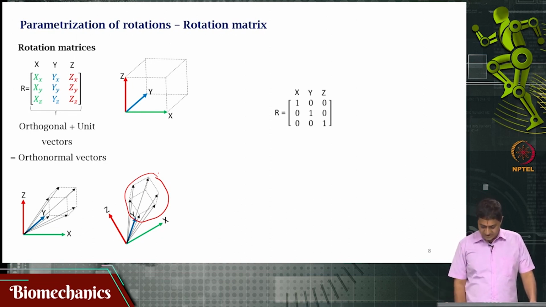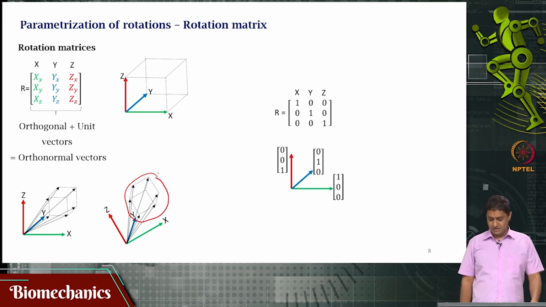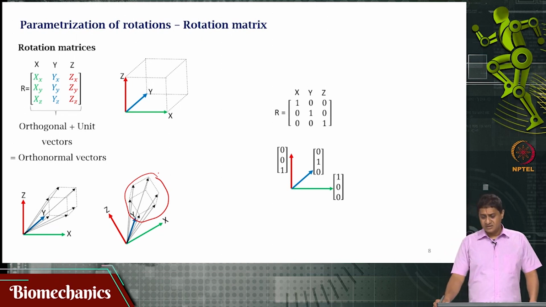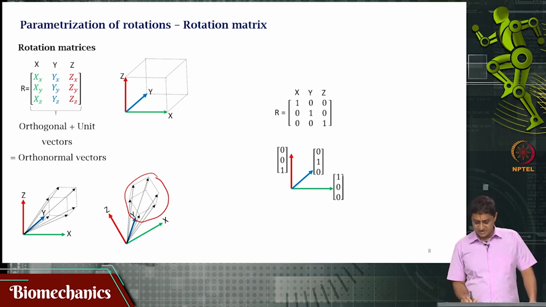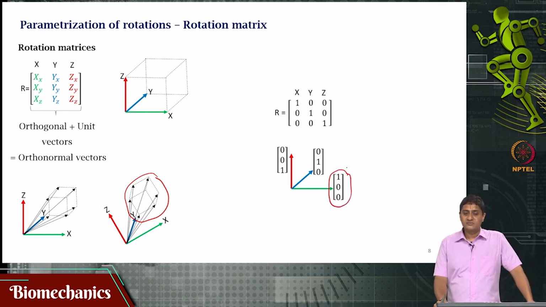Here you have, say for example, rotation matrix with these orthonormal vectors 1 0 0, 0 1 0, 0 0 1, right. So, each of these vectors represents the vector that is representing the motion in the x axis, correspondingly in the y axis and the z axis, right.